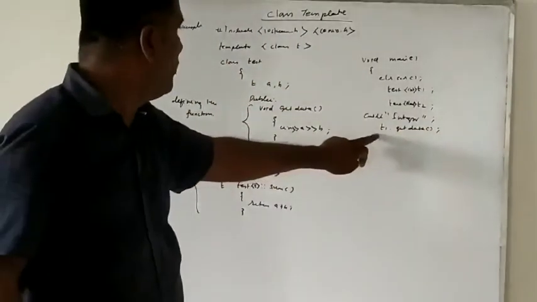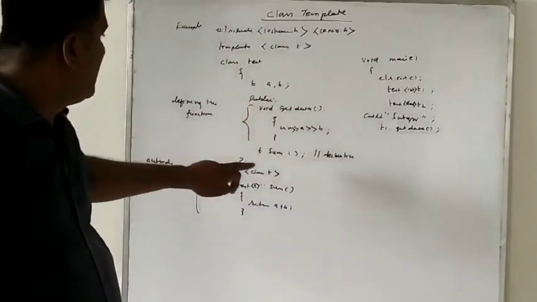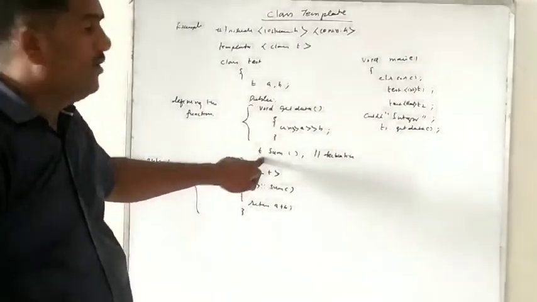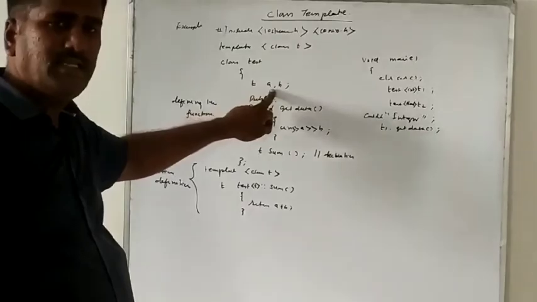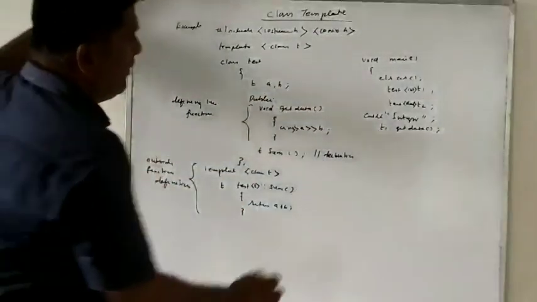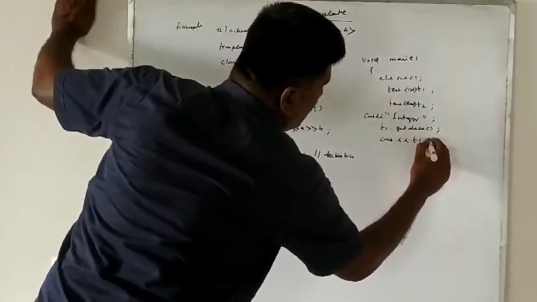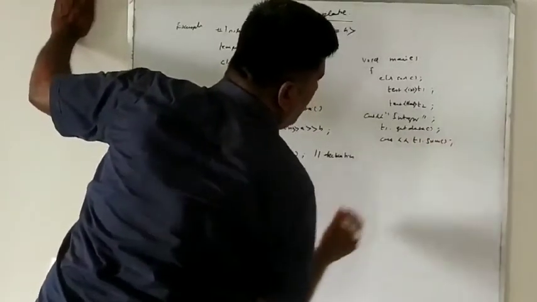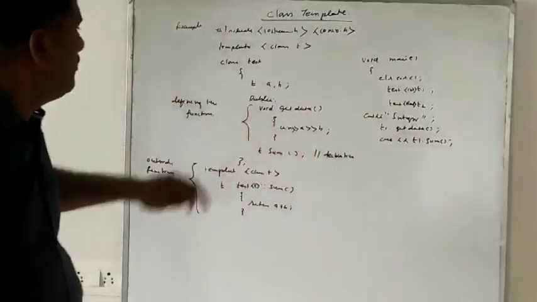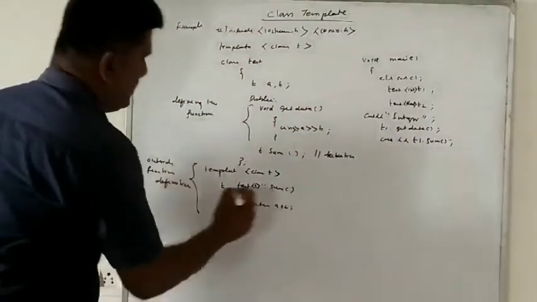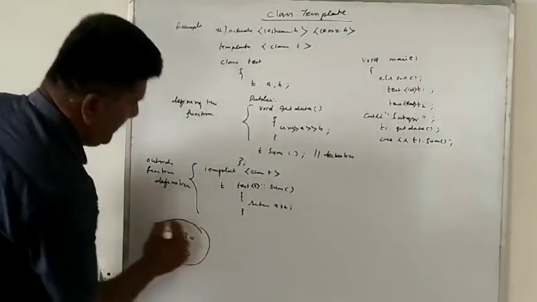Now everything is integer, so we get the integer values of A and B, and perform cout T1 dot sum. T1 dot sum gives only an integer value. If you give the integer values 20 and 30, the answer is 50.